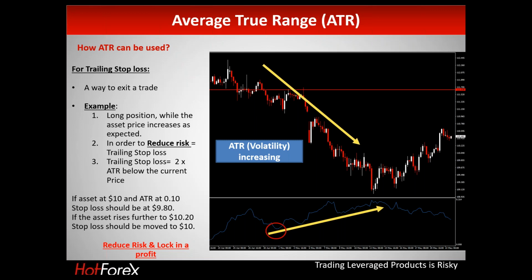Remember, it is the average true range of our price movement over the past 14 periods, if our setting has been set at a 14 period time frame. It's a smoothed average value of the past 14 periods, based on the historical price of that particular asset. So of course it is dependent on the asset price.